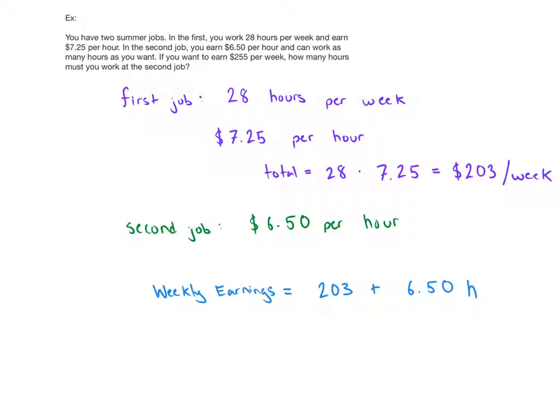So our total weekly earnings are earnings from the first job plus 6.50 times H, the earnings from the second job, and we have to solve this when weekly earnings equals 255.